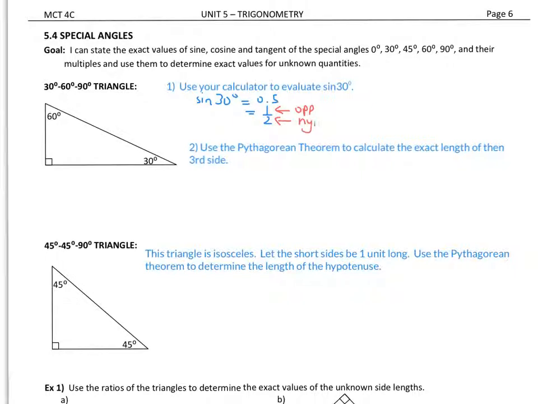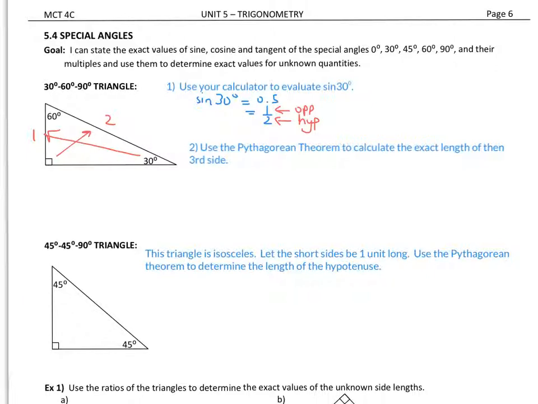If we look at our triangle here, opposite to the 30 degree angle would be this side. I'm going to label that as a 1, and then my hypotenuse is over here, and I'm going to label it as 2 units. So the opposite side is half as much as the hypotenuse, or you can think of the hypotenuse being double the length of the opposite side.